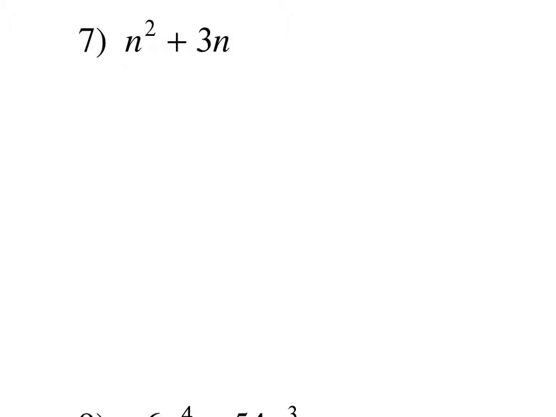What are we factoring out here? N. Leaves us with n plus 3. Second, can you factor n plus 3? No, it's not a difference of 2 squares. There's nothing else we can factor out of it, so we're done. Easy peasy.